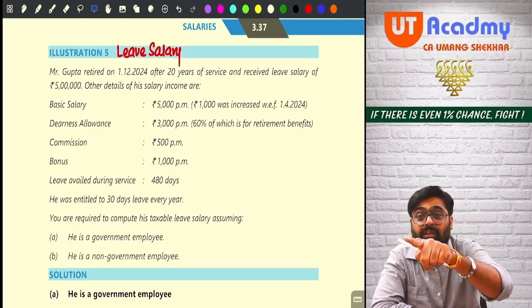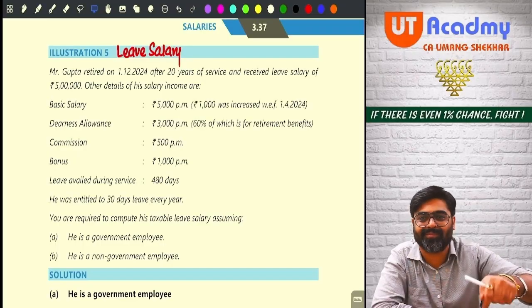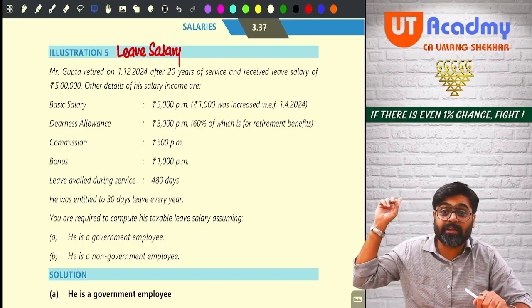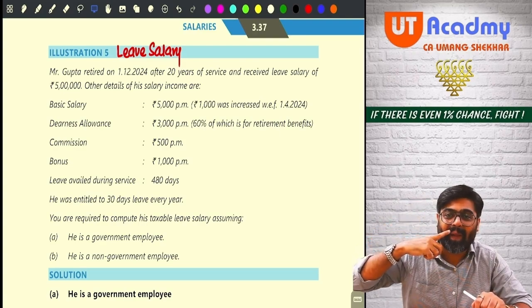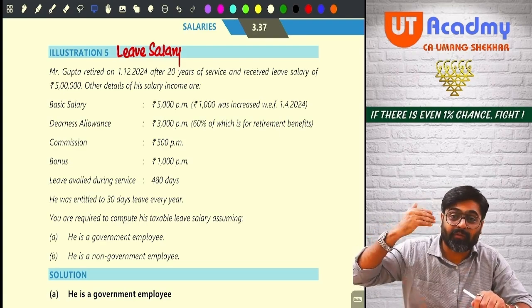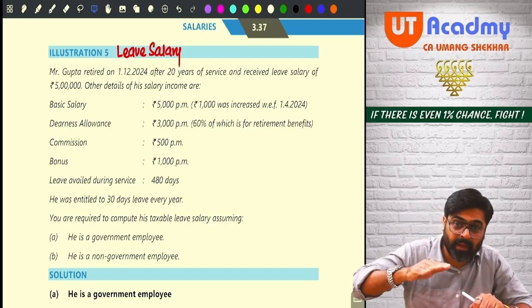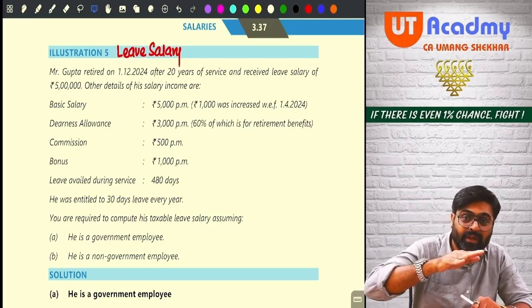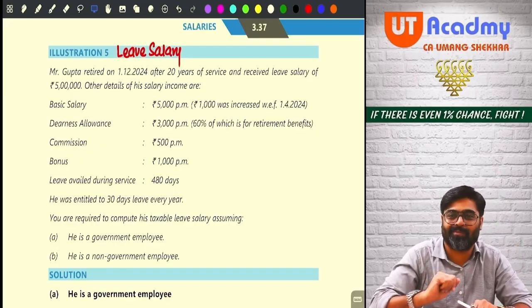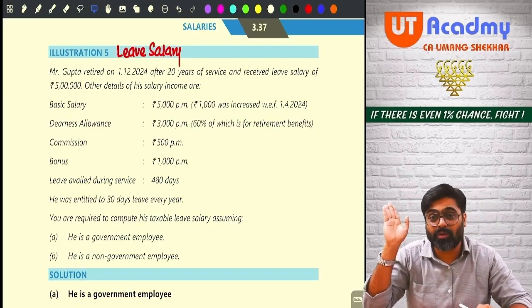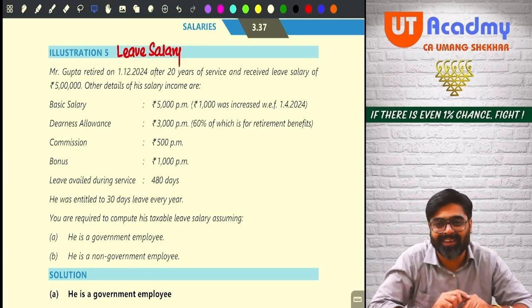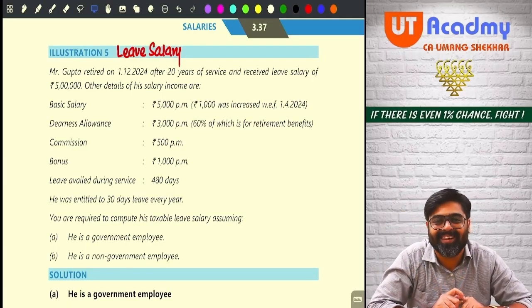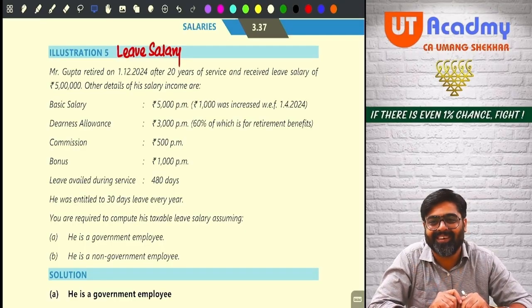So basic 5,000 he is getting right now, which was increased by 1,000 in the month of April. After increasing 1,000 in April, it became 5,000 which he is receiving right now. So prior to April, his basic was not 5,000, it was 4,000 only. Understanding? This was the only catch.